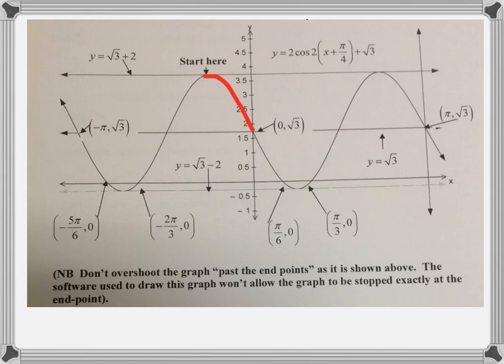Incidentally, it's a really good idea to very faintly draw those three horizontal lines, the top of the graph, the central axis, and the bottom one, so you can see what you're doing. You can rub them out later. That's the next part of the graph line, and so on and so on until we get to the end point.